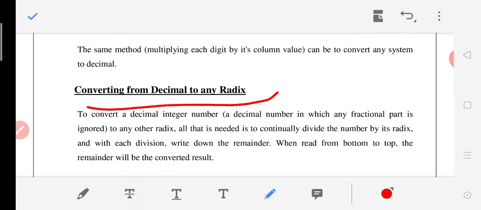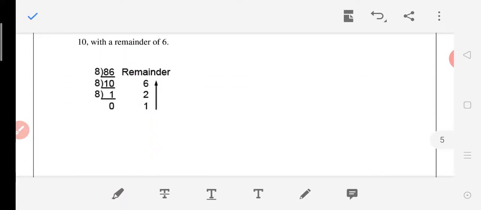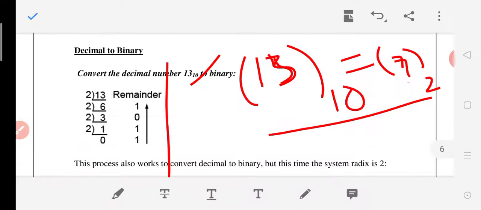From decimal, you just divide that number by the radix of the number system whose equivalent you want. Here we want the binary equivalent, and the base of the binary number system is 2. That's why here we divide by 2.